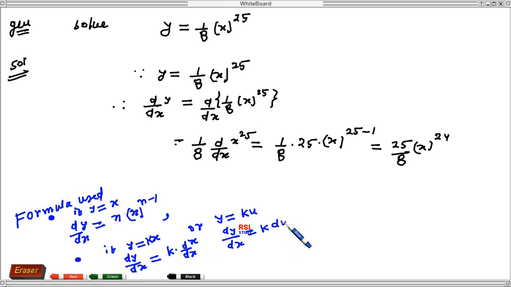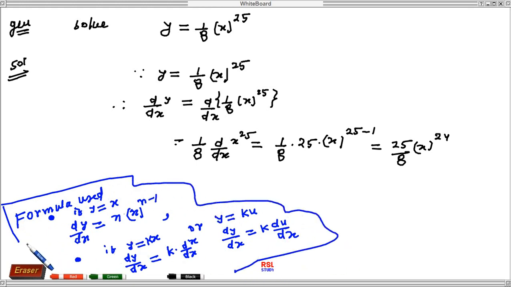Or this may be just like d/dx of y equal to k u, then they will write like this. So in some questions this formula, in some questions that formula, and in some both formulas are used. If you are not yet getting a better idea over calculus as far as questions based on this formula are concerned, you should go to some previous questions and revise.